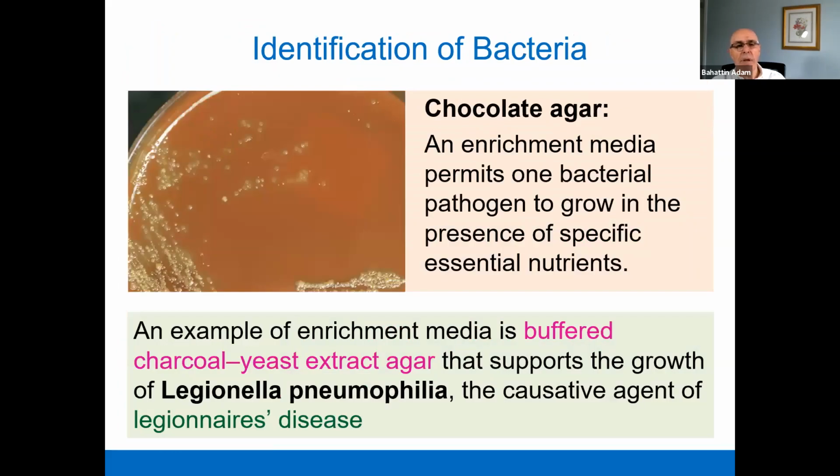Okay, now chocolate agar is an enrichment media that permits bacterial pathogens to grow in the presence of specific essential nutrients. We have other types of enrichment media, such as, as you see, an example of it, buffered charcoal yeast extract agar.